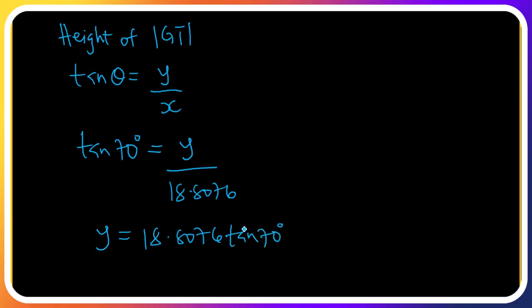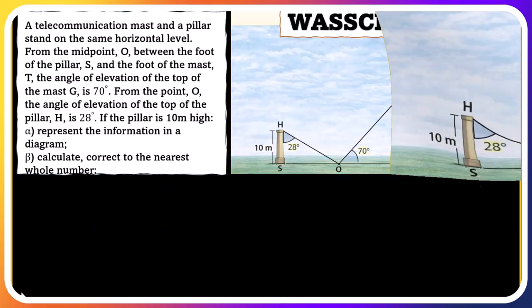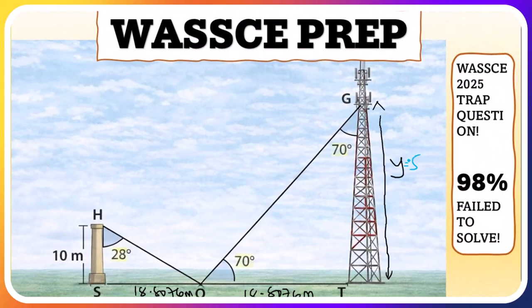Computing this on the calculator, y gives us 51.6739, and to the nearest whole number, 52 meters. So we have the height of the mast as 52 meters.